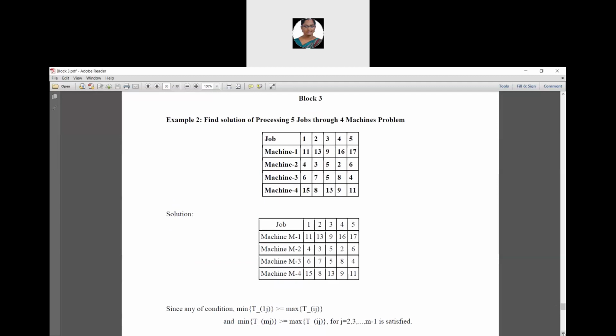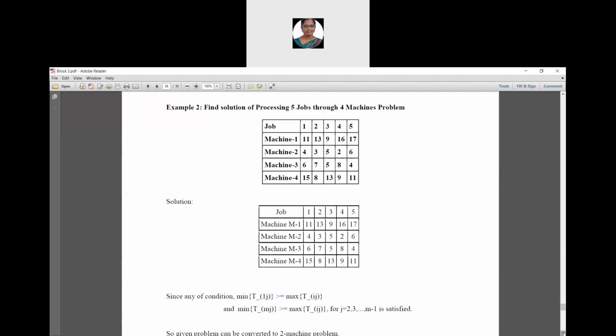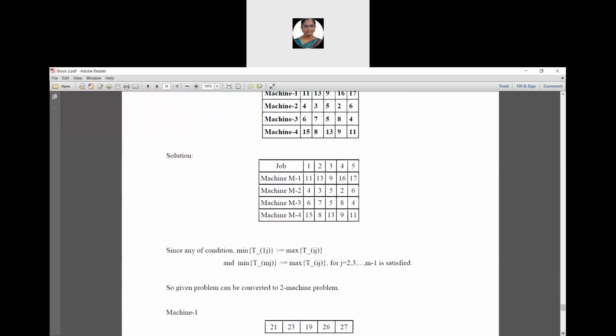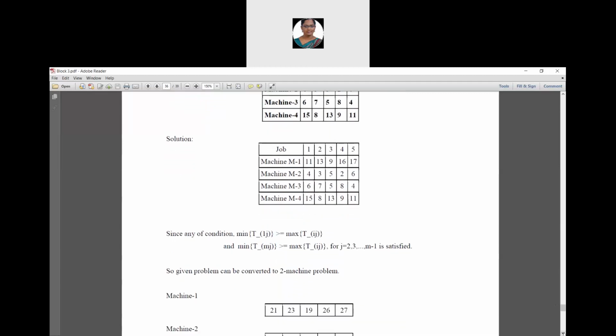Okay, so first of all we are going to check that the conditions are satisfied or not. For that, we have to check the minimum of the first machine, which is 9, and the maximum of the last machine, which is 15.